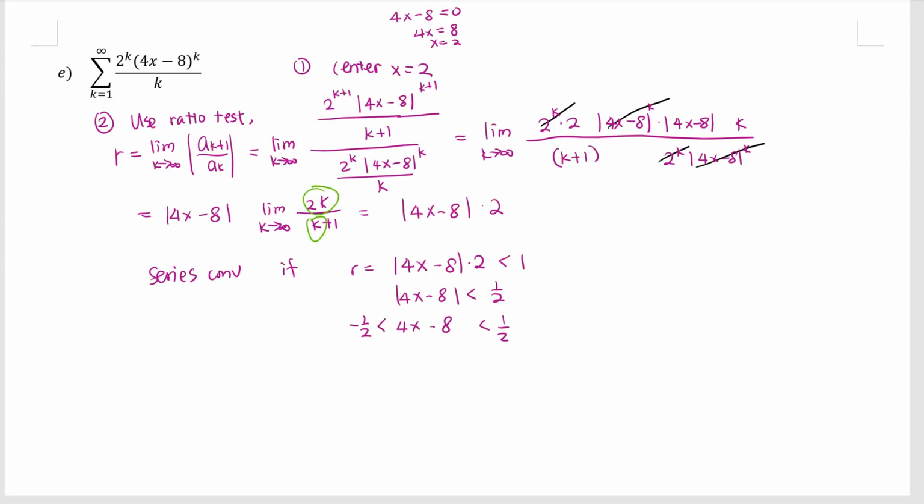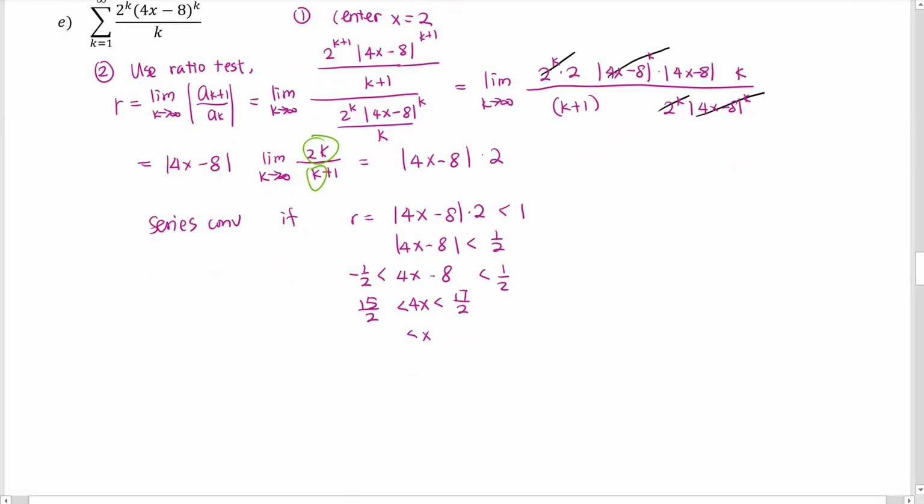Okay, and then we add 8 to each term. 8 minus 1/2. 8 is like 16 over 2. 16 minus 1, 15 over 2. 1/2 plus 8. 16 plus 1, 17 over 2. And then what's x? So x is divided by 4, 15 over 8, and 17 over 8.